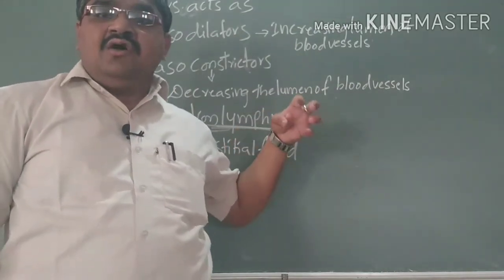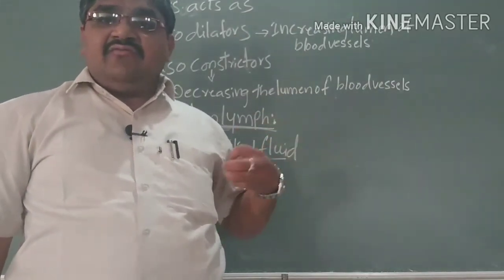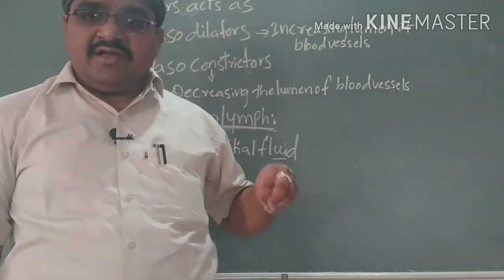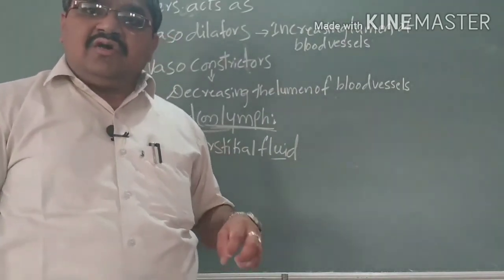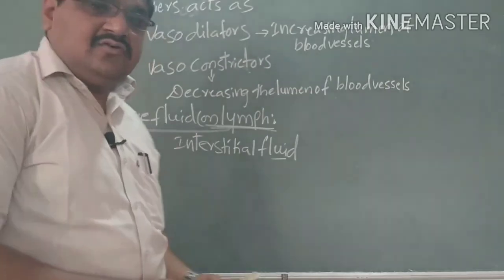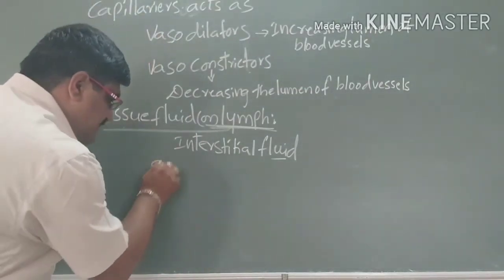This lymph is produced in the lymph nodes, which are produced by lymphatic organs. The spleen is also one type of lymphatic organ.